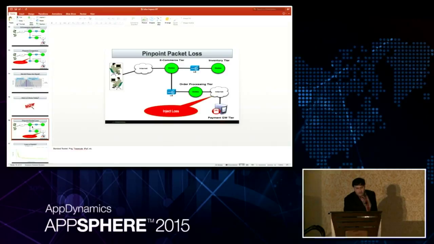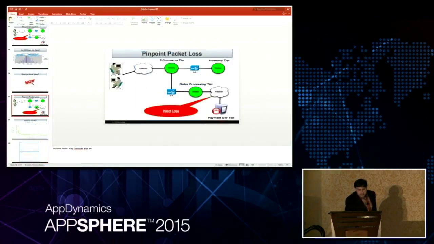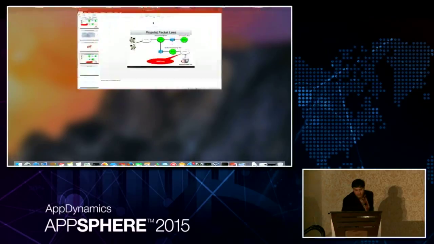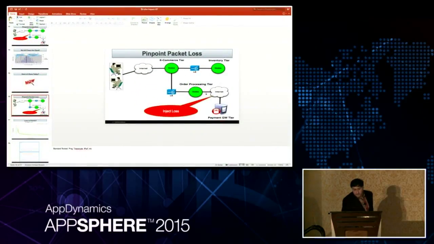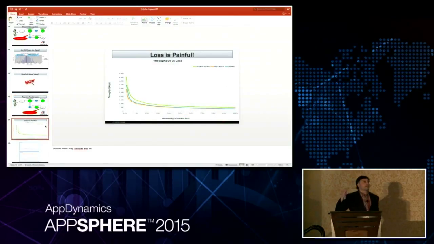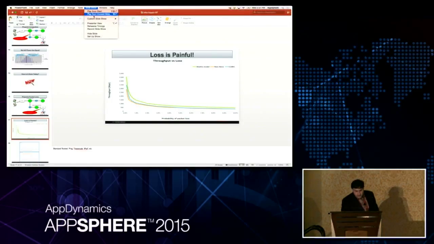So the next scenario I want to talk about is pinpointing loss. For loss, what we're going to do is inject loss between the order processing tier and the payment gateway tier. The symptom is that the average response time of the application is going to go up significantly. This slide shows the effects of TCP loss.